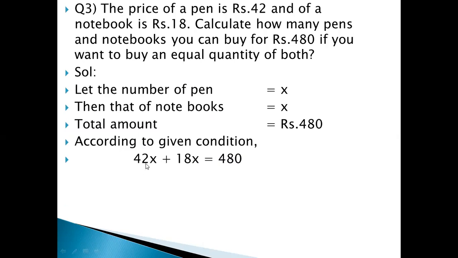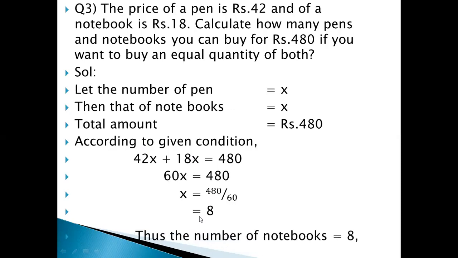Now 42 plus 18, we will get 60x. 60 multiplied here, shifted to the other side, so divide. So 0 cancels with 0 and 6 times 8 is 48. So the value of x is 8.